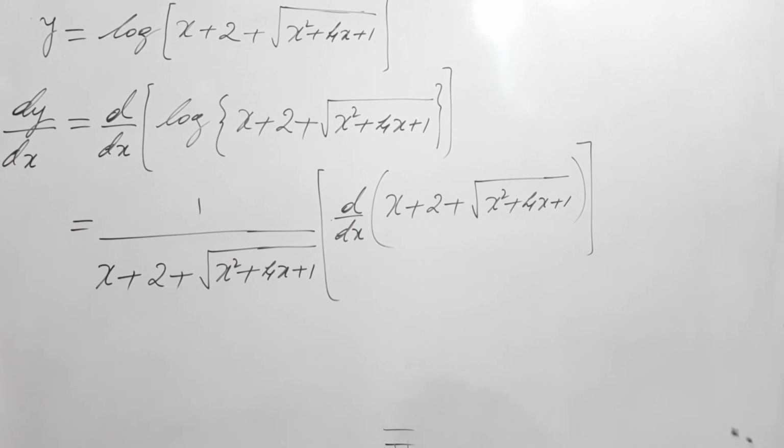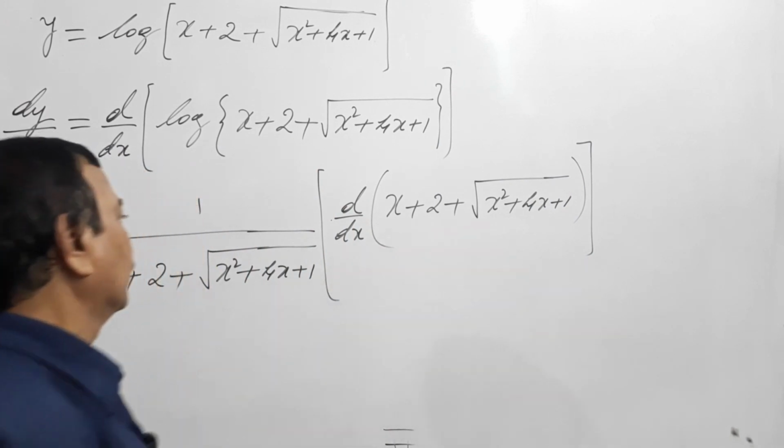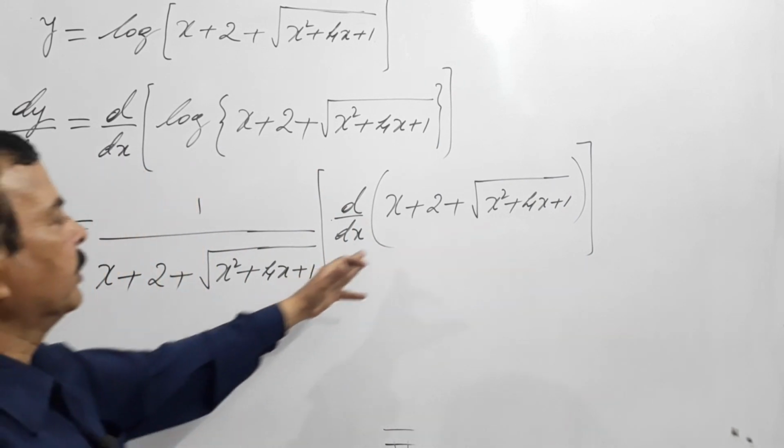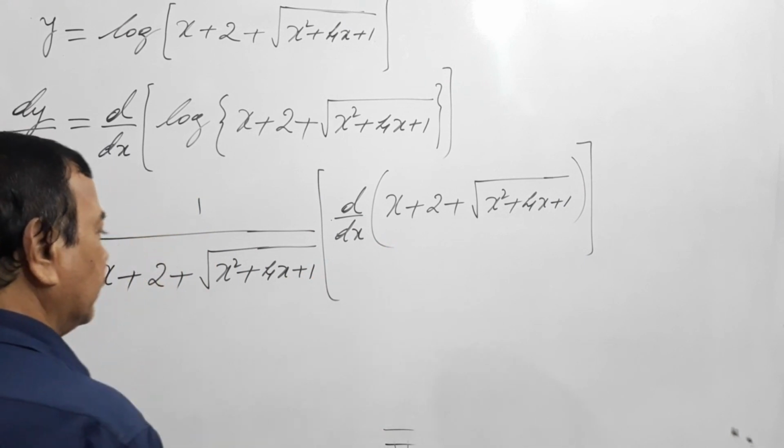So here it is a sum rule. So we have to differentiate this. So what happens here?